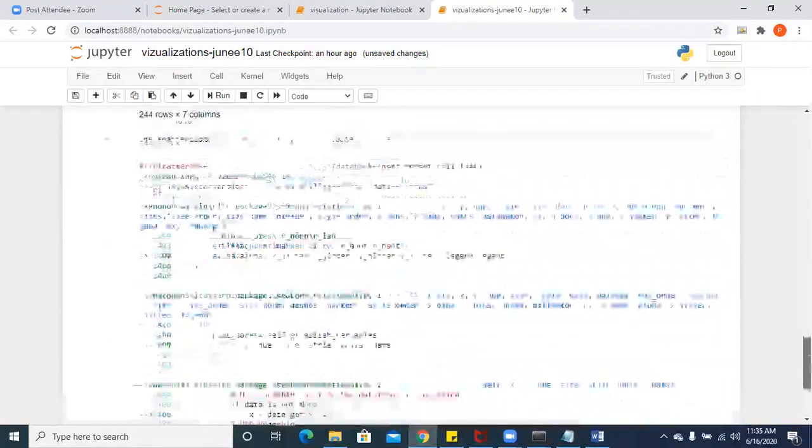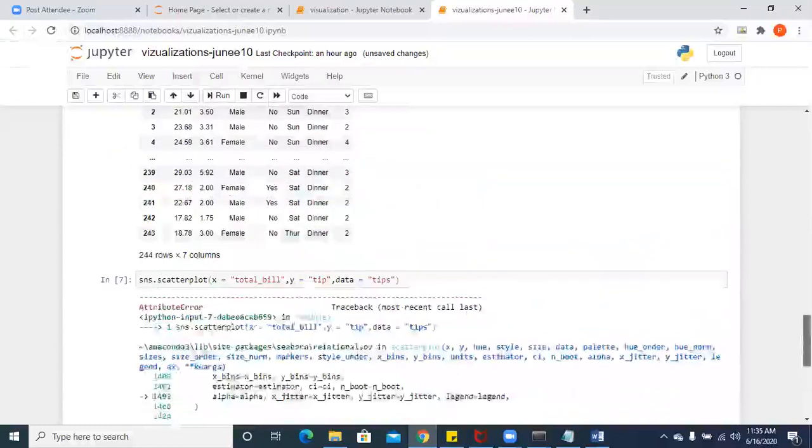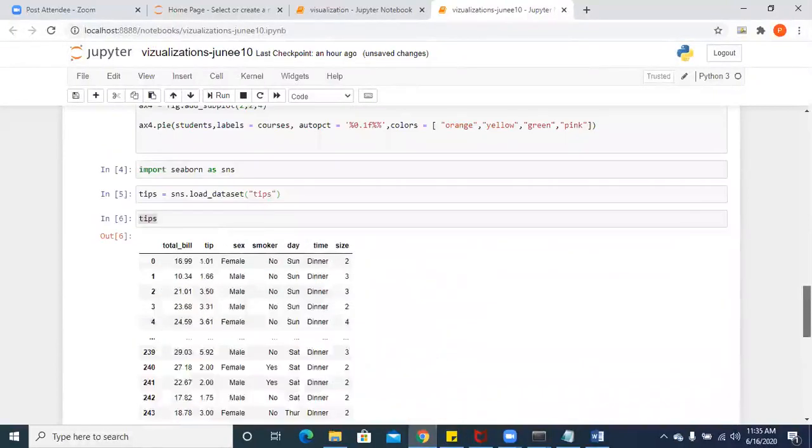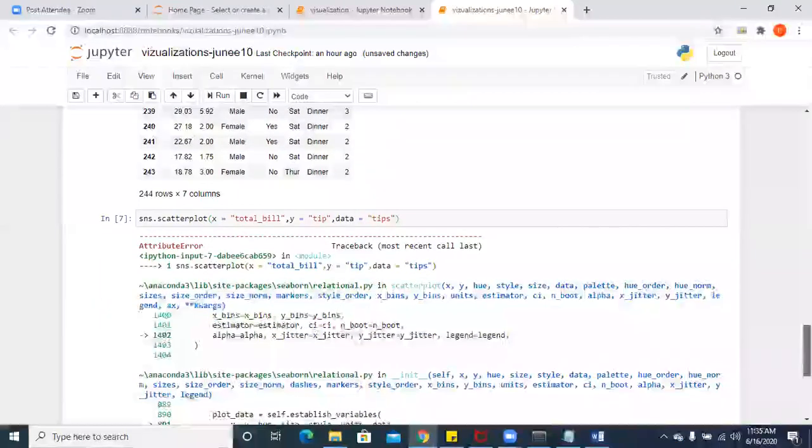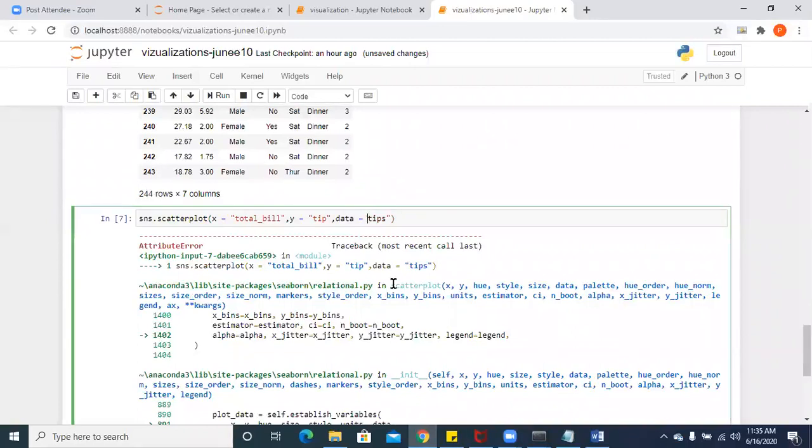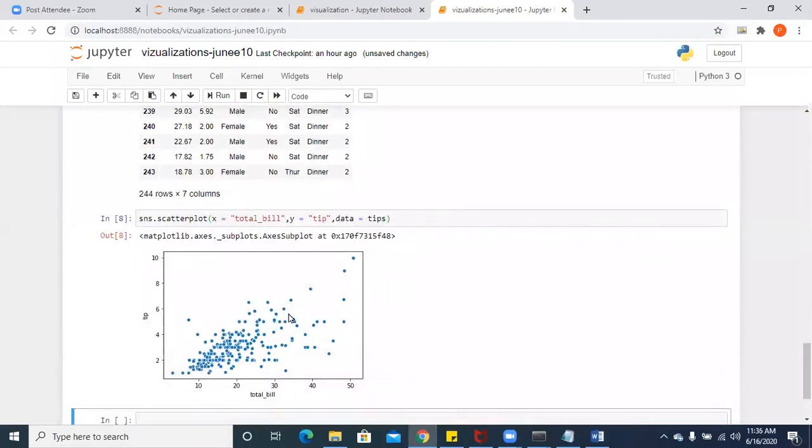It says data is not a string, because we already took that as the variable. Execute this again and you can see the scatter plot.